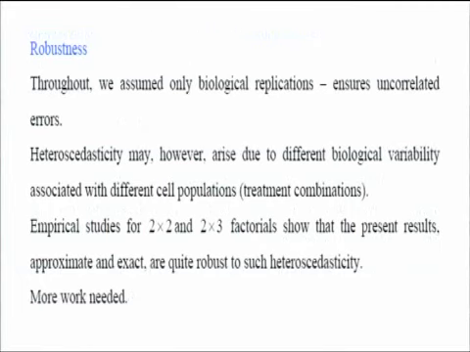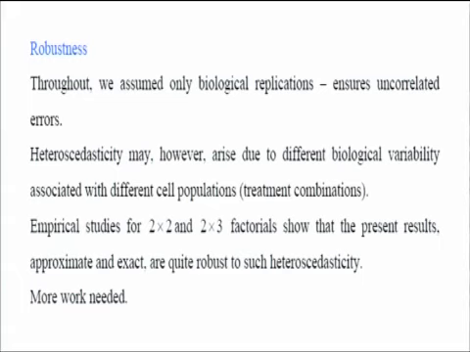A fourth problem considers robustness. Robustness means, for example, the biological variation, the measurement error vis-a-vis biological variation. Now, if we assume that the biological variation is the same for all cell populations, and furthermore there is no technical replication, then all our assumptions like homoscedasticity and zero correlation go through, all the results go through.